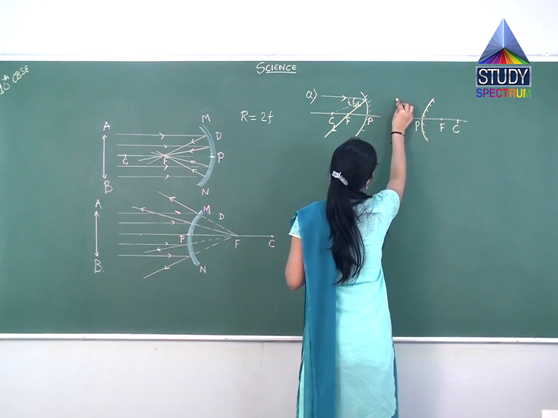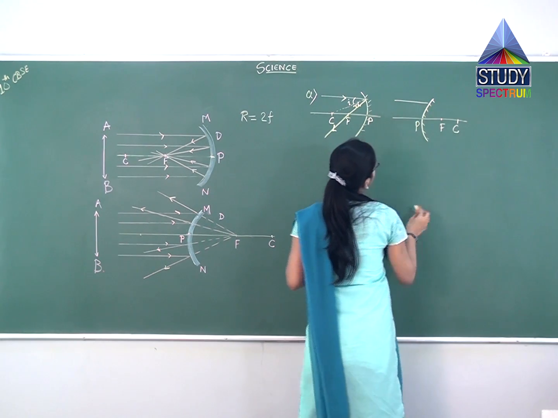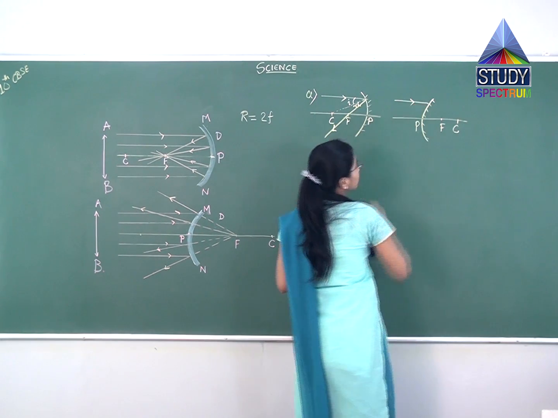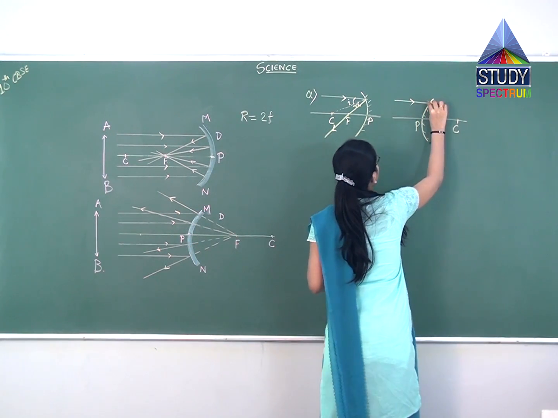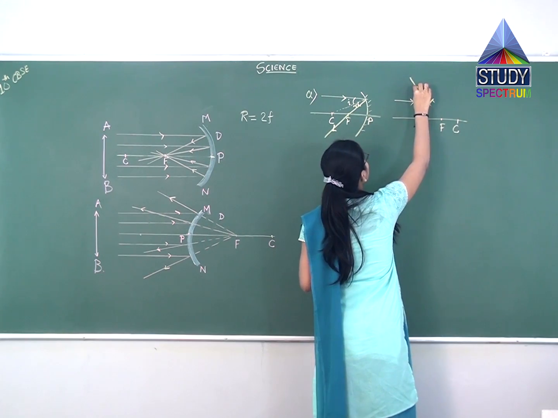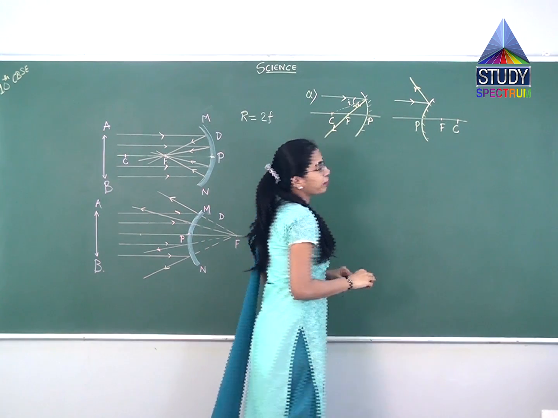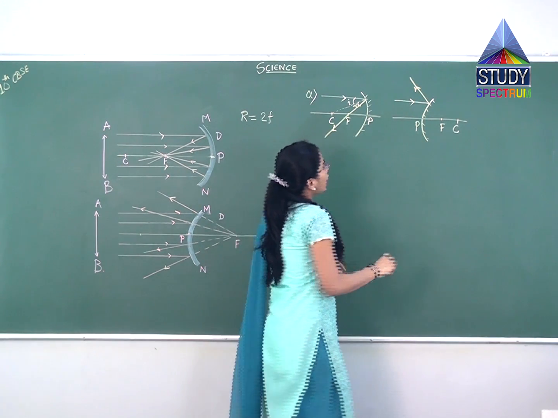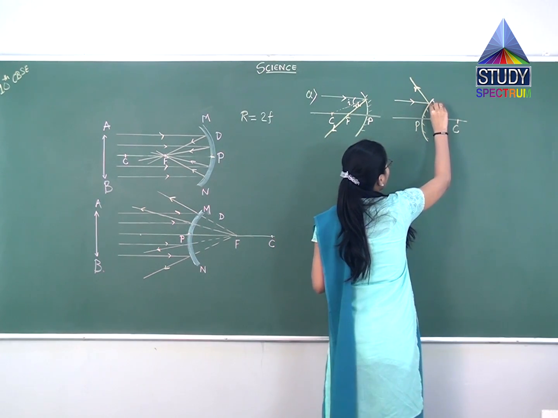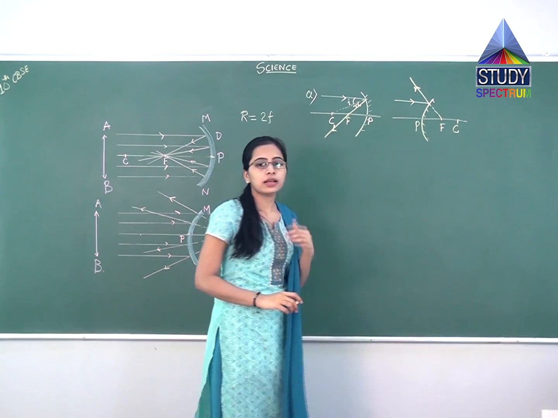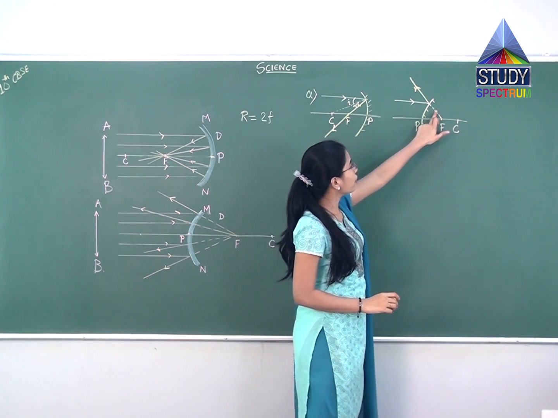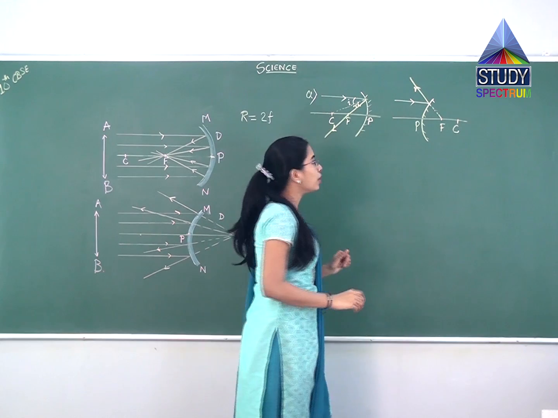So suppose this is my incident ray, and definitely it will get reflected here somewhere. Now it will appear that it is reflected from the focus.